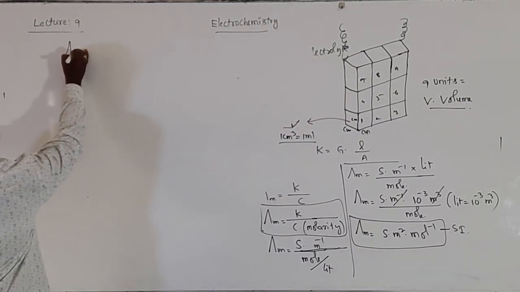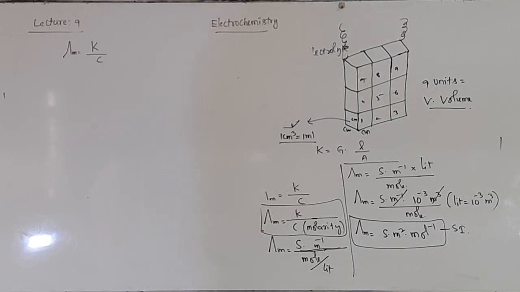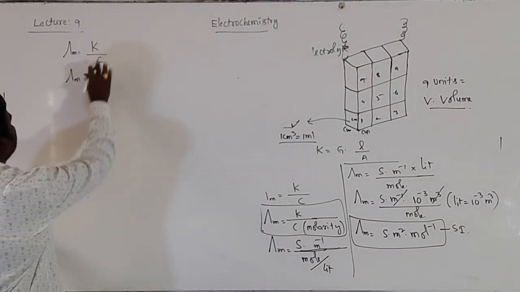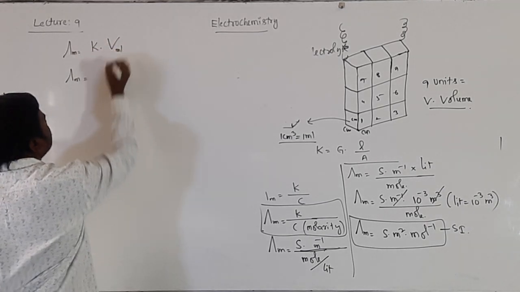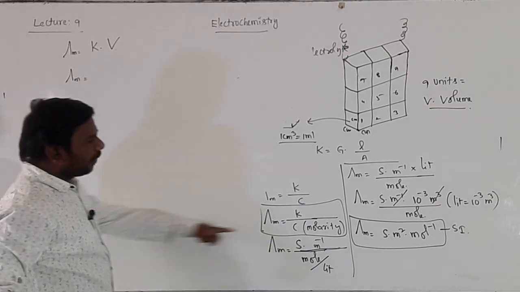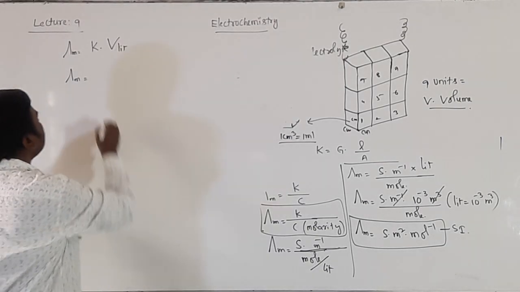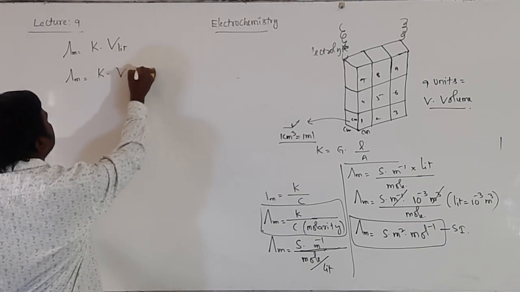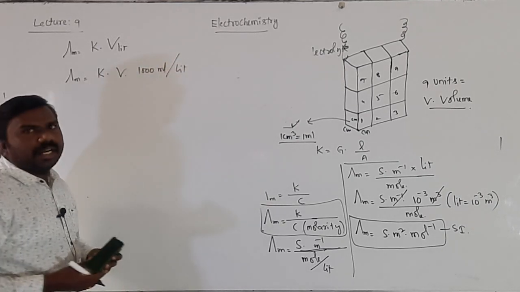Generally, lambda m equal to K by C is the formula for us. Otherwise you can write lambda m equal to K into V. Volume is in liters, since molarity is mole per liter. If I take milliliters, then K into V into 1000 ml per liter, because 1 liter means 1000 ml.